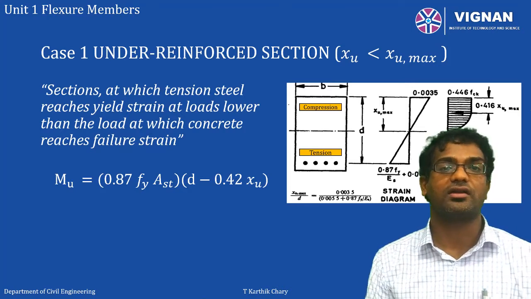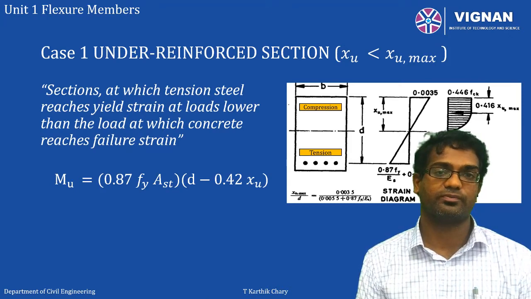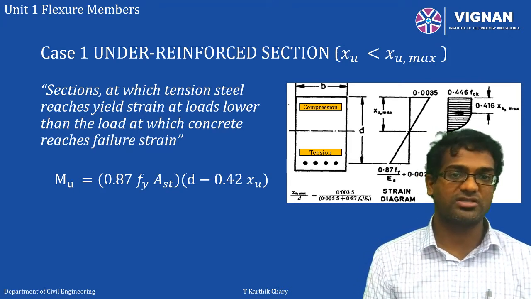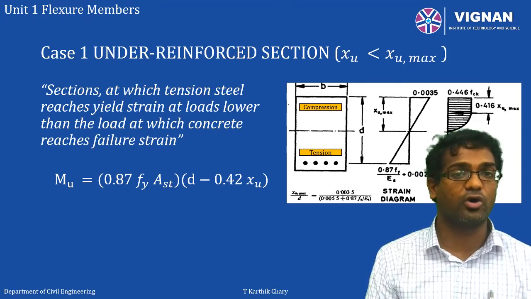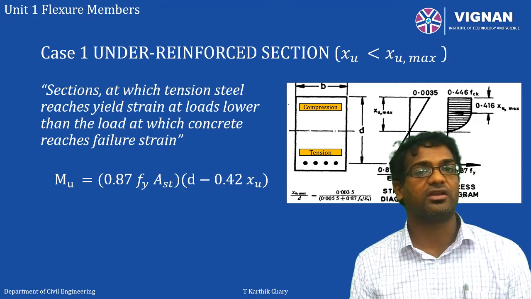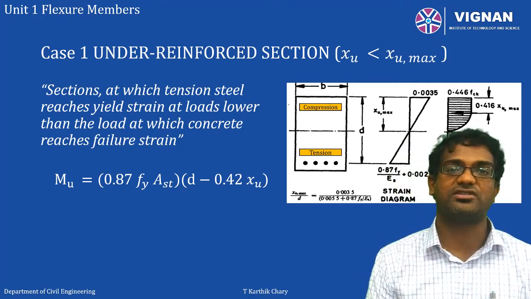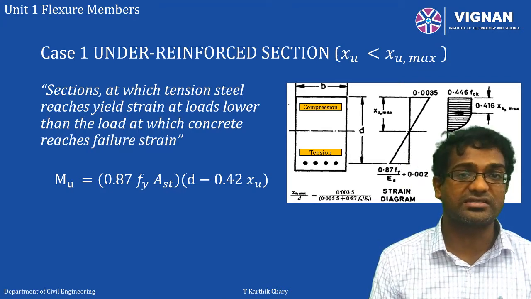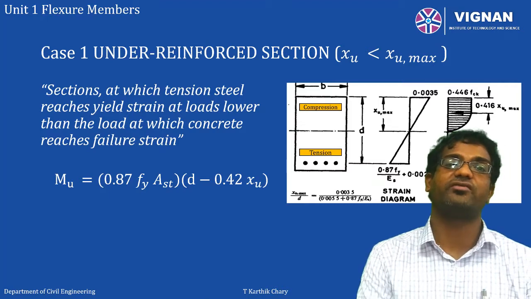Mu equals 0.87 Fy Ast into (d minus 0.42 XU). The first term will give you the force. The next bracket will give you the lever arm. The starting term is the tensile force, and the next bracket is nothing but the lever arm, which we have discussed in the previous slide.